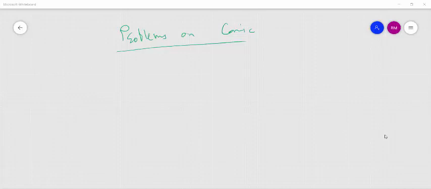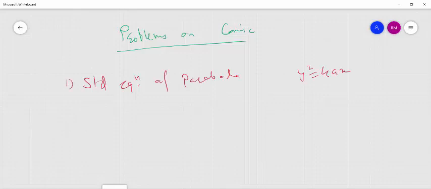Now we discuss problems on conics. We know the general equation of the parabola. First of all, the standard equations we already studied: y square equal to 4ax.